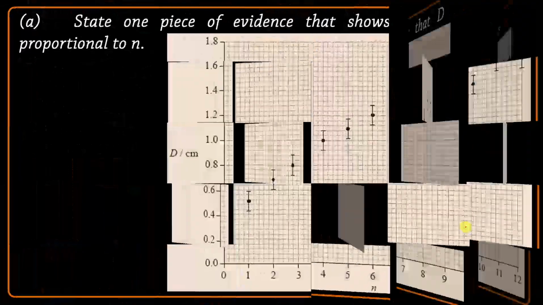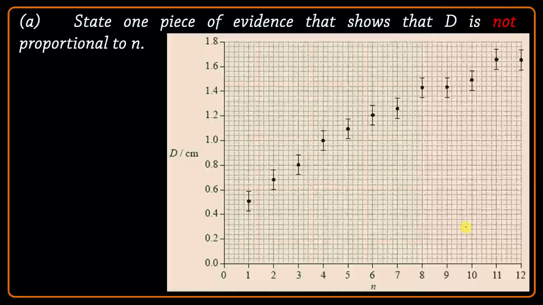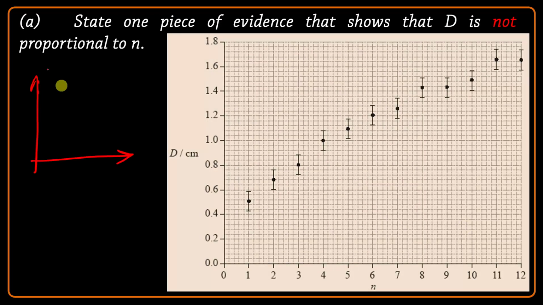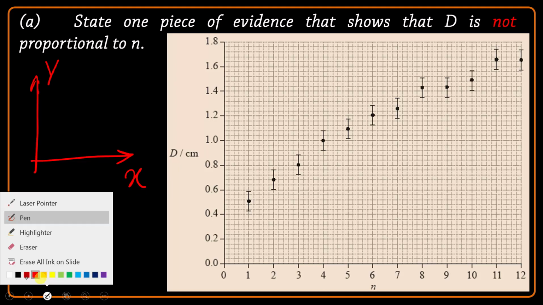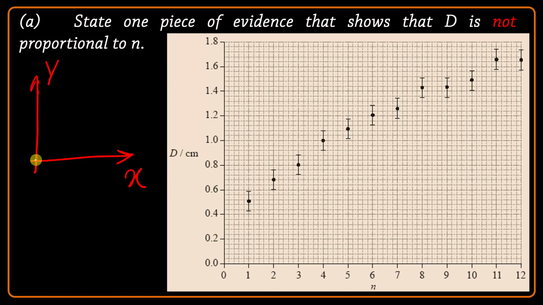Part A. State one piece of evidence that shows that d is not proportional to n. You know that if y is proportional to x, they must have a linear graph and the line goes through the origin. As you see, I cannot draw a line here. The line of best fit is not a line, it's a curve.